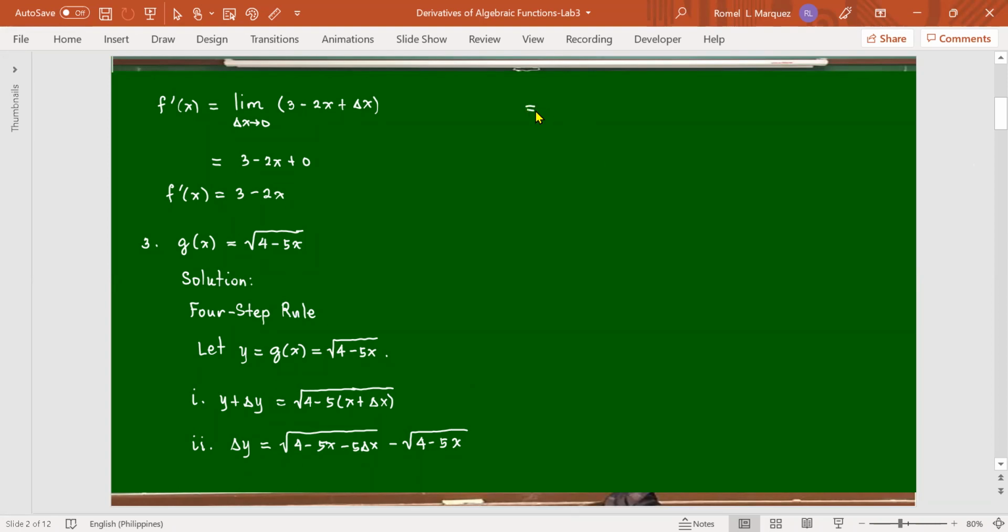Getting square root of 4 minus 5x minus 5 delta x minus square root of 4 minus 5x, I'm going to multiply this by what, guys? What is our multiplier?